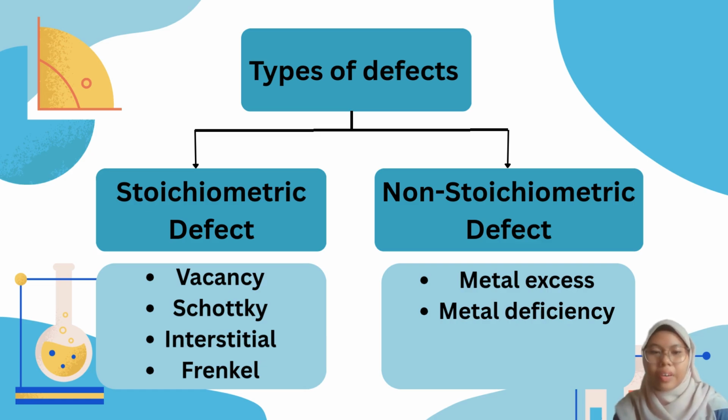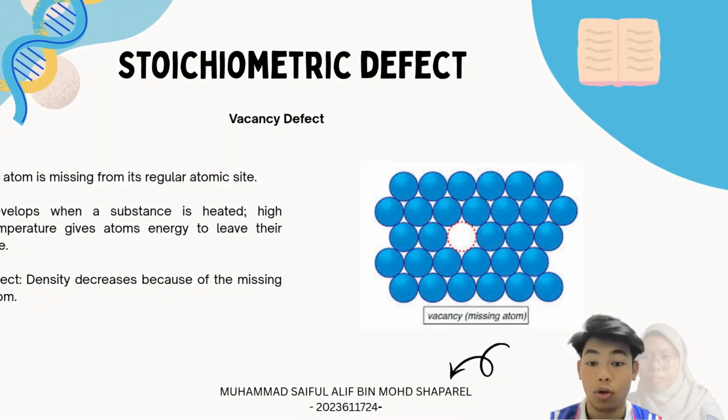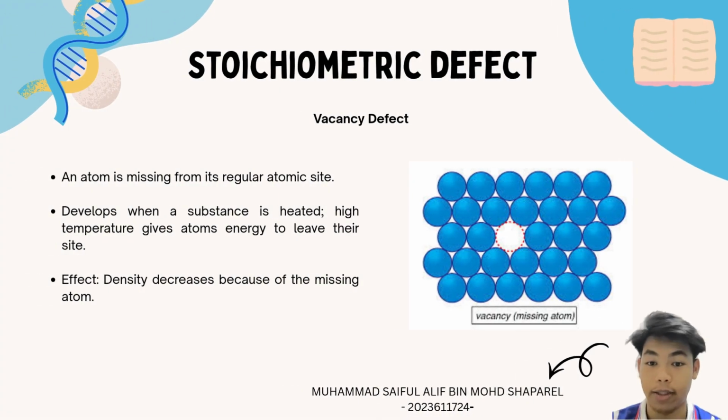Crystal defects are important in material science because they can affect the material's strength, ductility, and deformation behavior, which are critical for various applications. Right, so the first stoichiometric defect that I'm going to touch on is the vacancy defect. This occurs when an atom is missing from its regular atomic site, leaving the lattice site vacant.